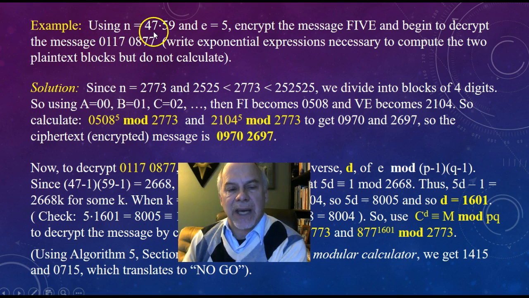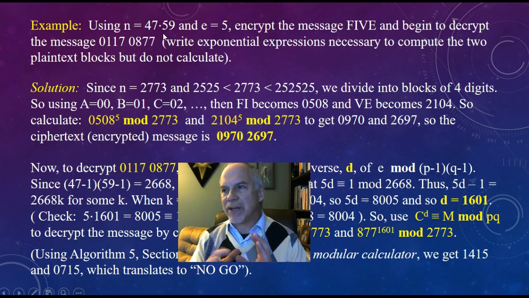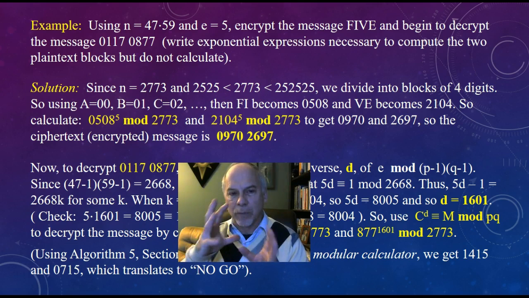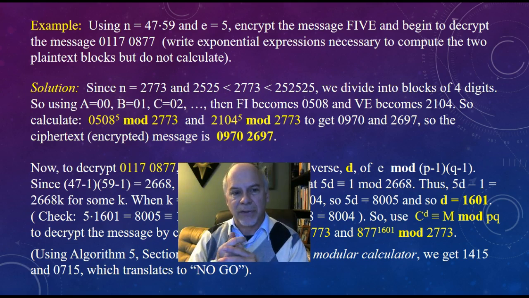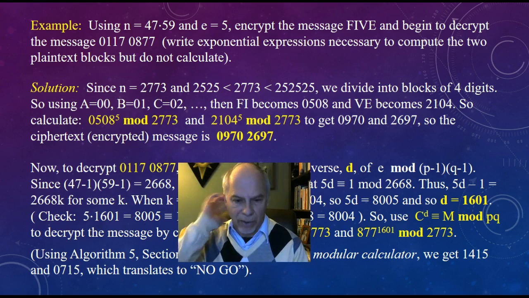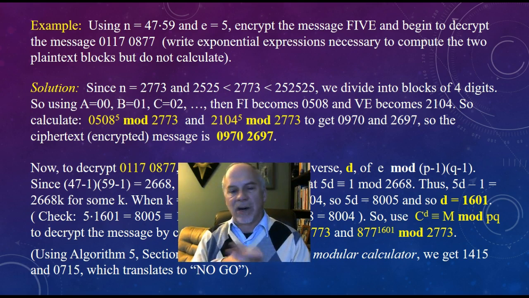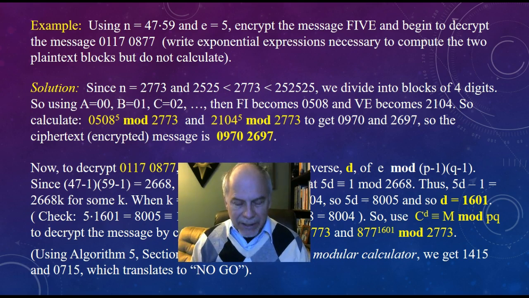So using n equals 47 times 59. Now 47 and 59 are only 2-digit numbers, and so n will be a 4-digit number. So n comes out to 2,773. So obviously a 4-digit number is not secure at all, okay?